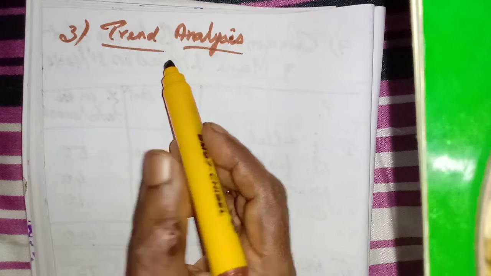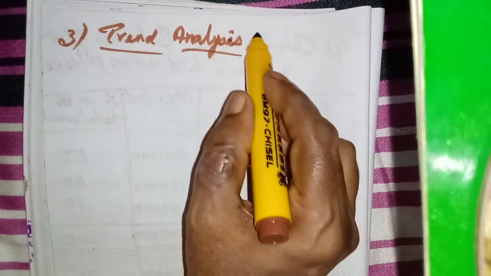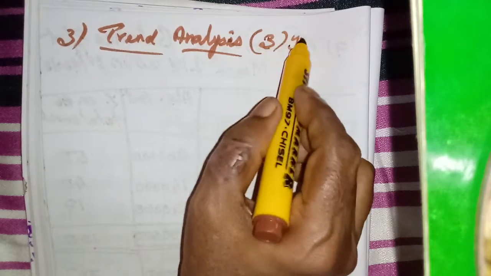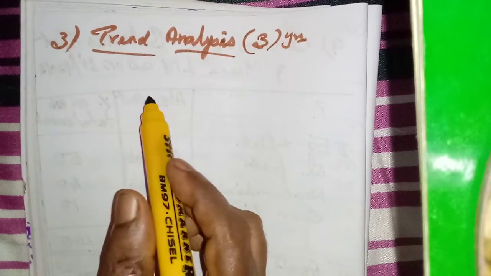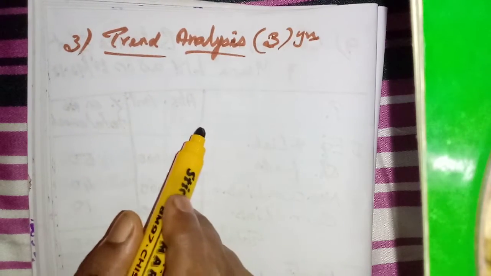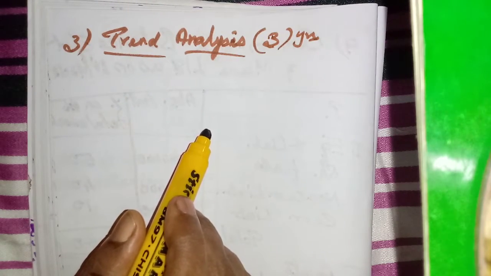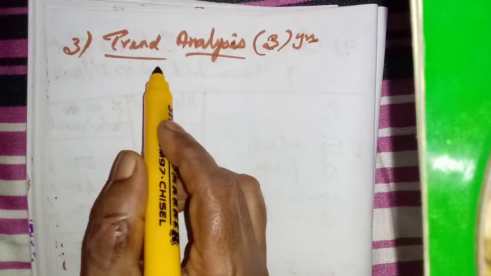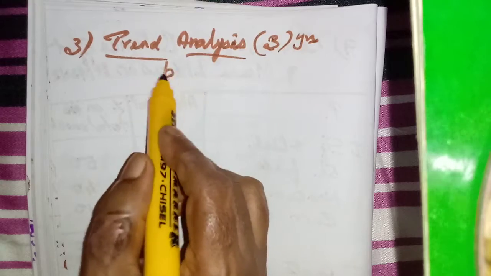Here they will take not one year, at least 2 or 3 years, for the trend analysis. Only then can we say whether it is an increasing or decreasing trend, isn't it? Usually which one will be the base?